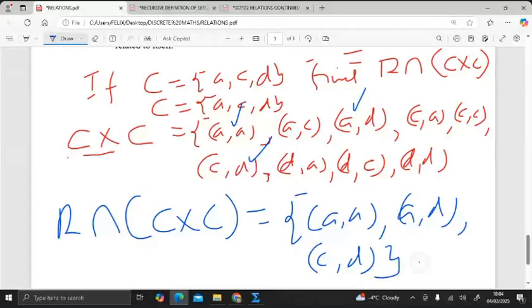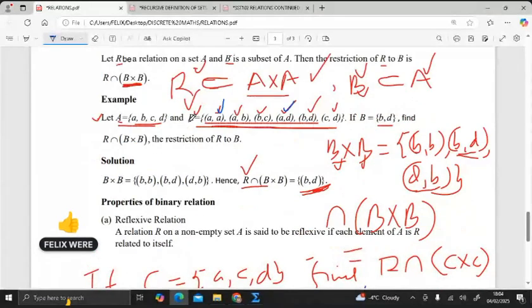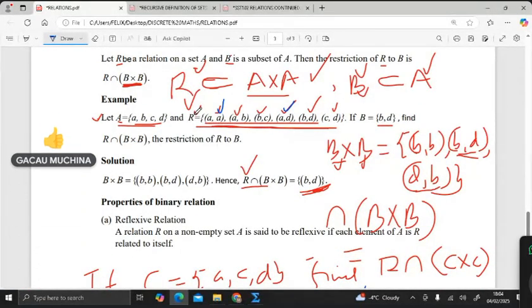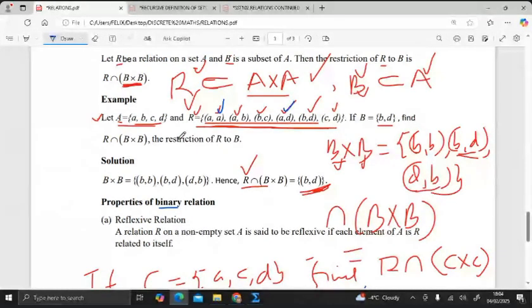We have BD? No, we don't have B, and therefore there is no BD. And then we have CD. CD, I think we have it somewhere right here. And therefore, the restriction of R on C is equal to AA, AD, and then CD. Perfect, and that is it.